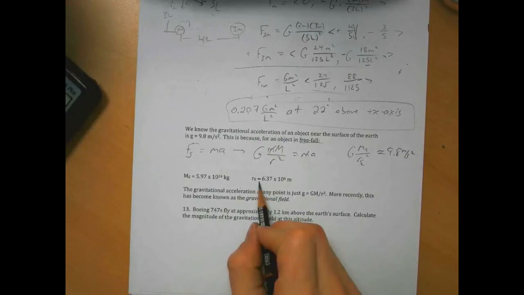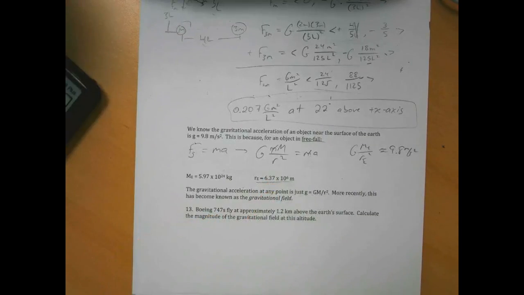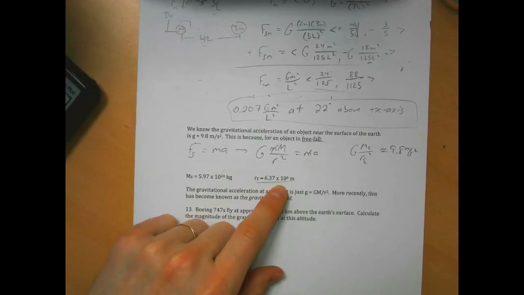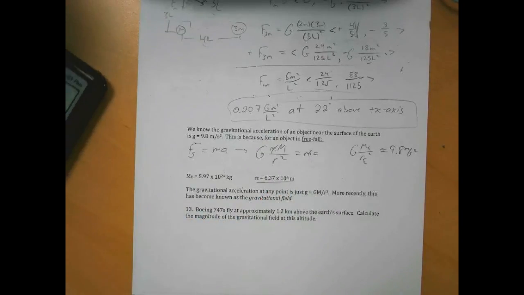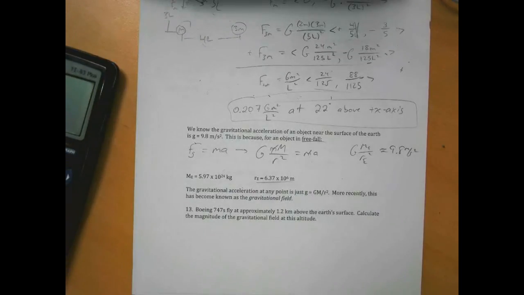As long as that distance from the center of the Earth is not appreciably different from 6.37 times 10 to the 6th, so you really need to get pretty high, like at least a 10 to the 5th away for that to change your gravitational force. 10 to the 5th being, what, 100 kilometers above the surface of the Earth? Yeah.